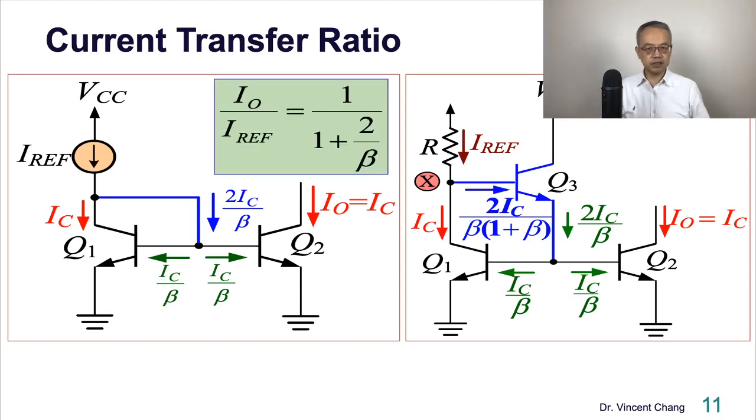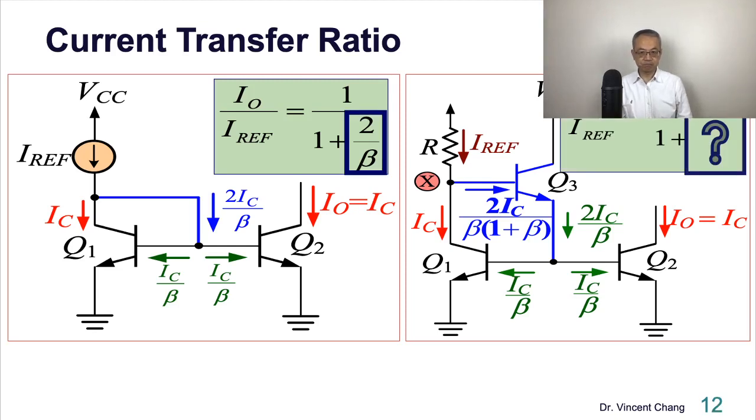The left-hand side is what we mentioned before, 2 over beta. What about the right-hand side? Blue corresponds to the blue. The blue on the left-hand side is 2 over beta. You can take out the IC. The same thing with the question mark on the right-hand side.